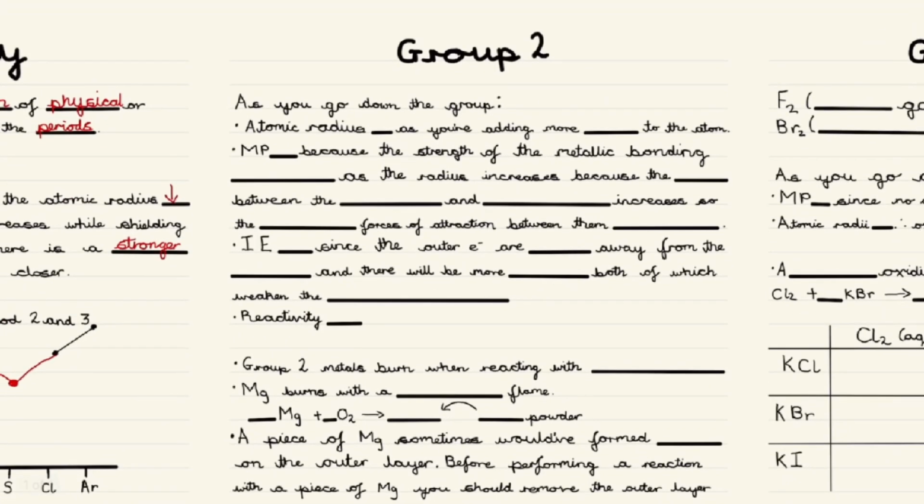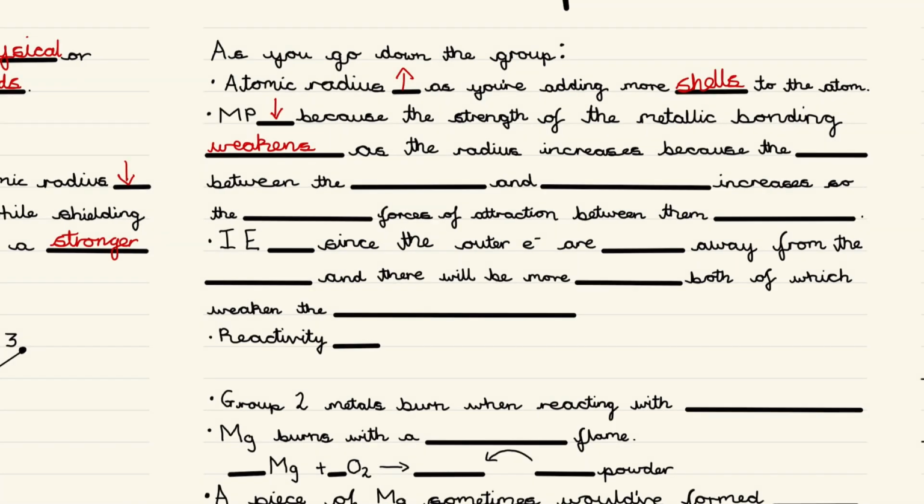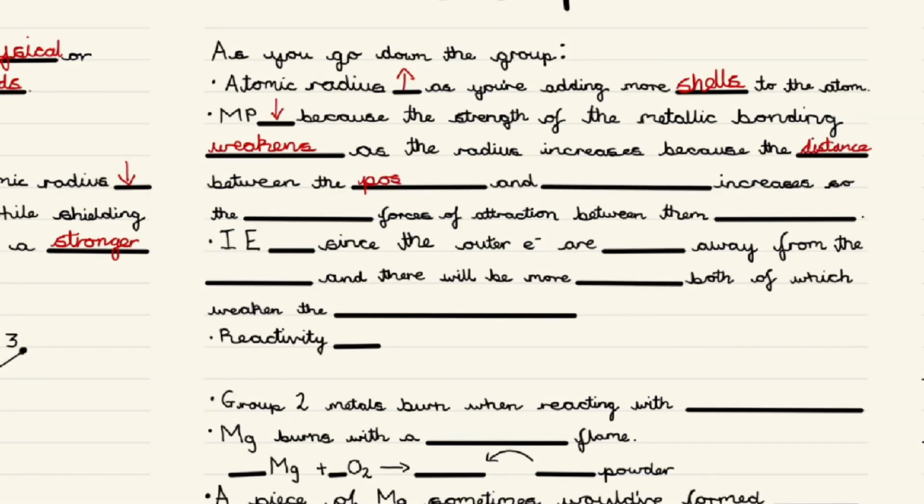So as you go down the group, atomic radius increases as you're adding more shells to the atom. The melting point decreases because the strength of the metallic bonding weakens as the radius increases, because the distance between the positive ions and delocalized electrons increases, so the electrostatic forces of attraction between them weakens.